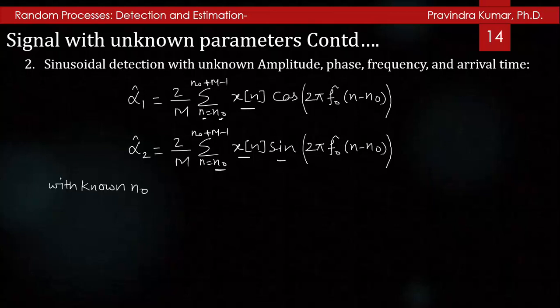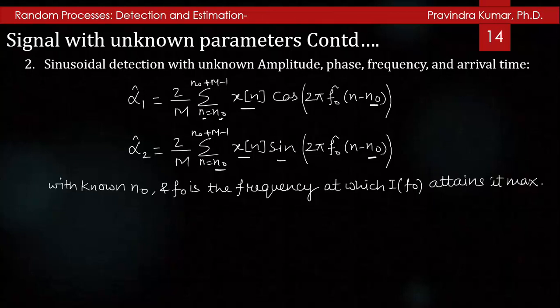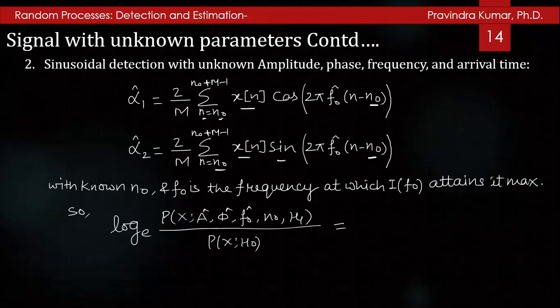So here the delay is known in this case, and f0 cap is the frequency at which this periodogram attains its maximum. So I can write it as log p(x; Â, φ̂, f̂0, n0, H1) by p(x; H0).